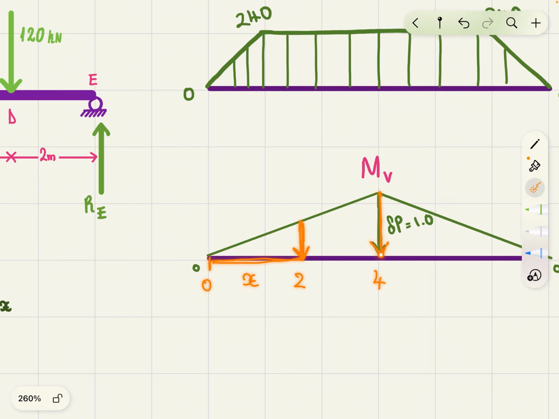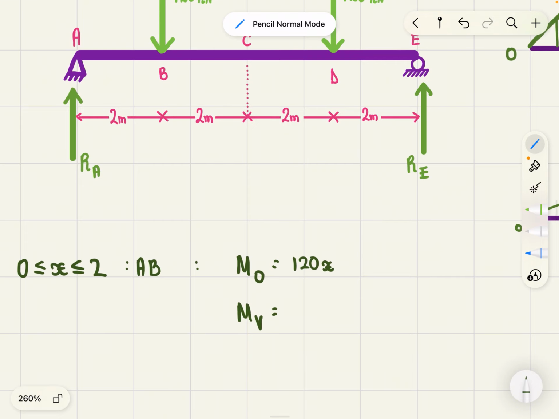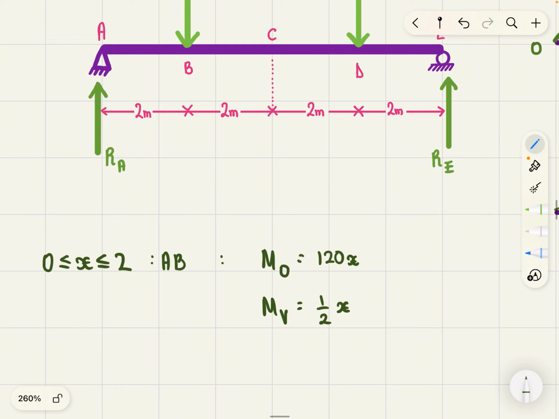We know the virtual force at twice the distance is 1. So at half of our interval it is going to be 0.5. Using similarity of triangles, you can see triangle 1 and triangle 2. So 0.5, the value of the virtual force, times x. Writing this here, 0.5x, so half of x.